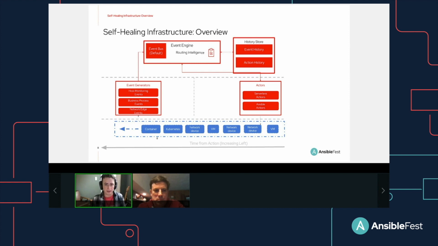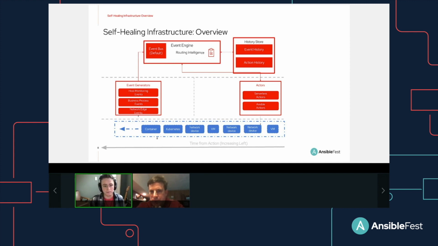You would also have, like Mike was saying before, an event history so that those rules can be based on history and actually based on context. And then from there, it kicks off actors, whether that's Ansible or container actions.